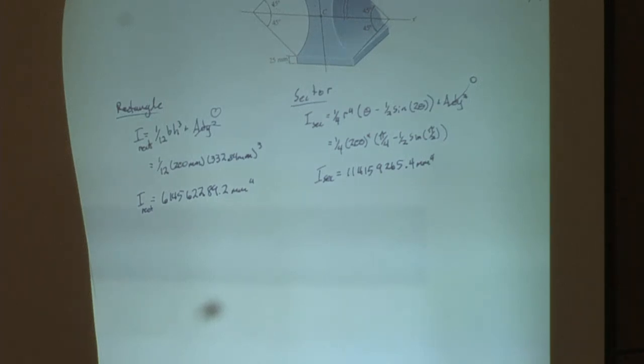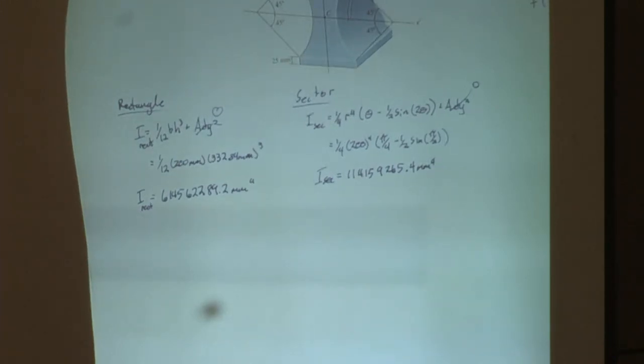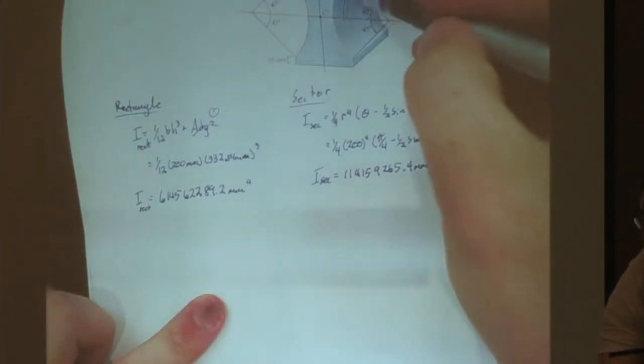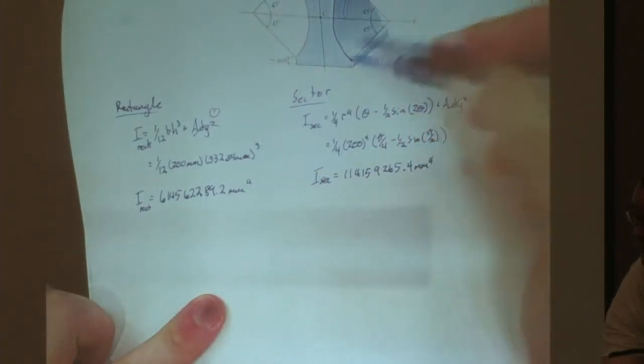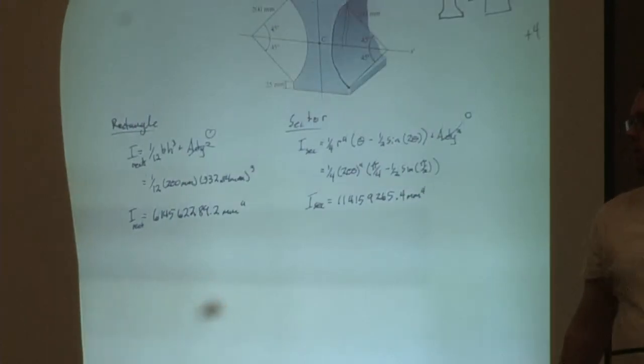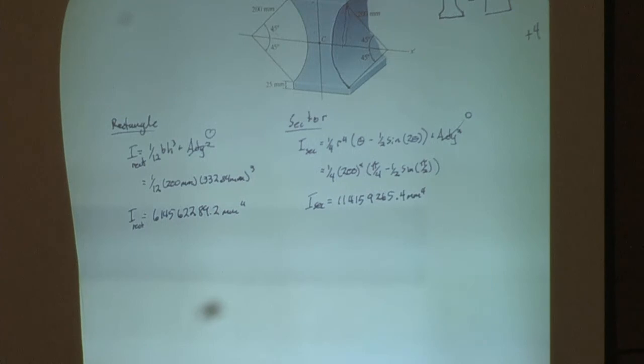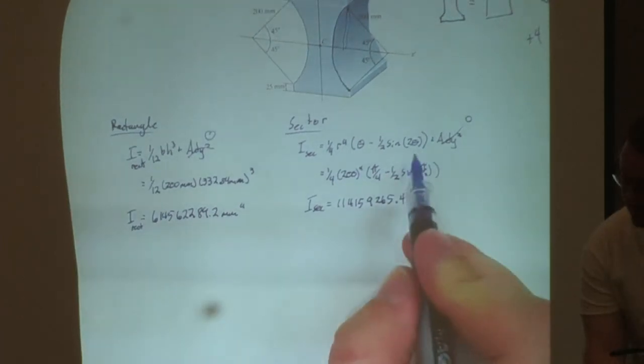For the moment of inertia for that sector, that's only one of those 45-degree sectors, right? Yeah, so we have to multiply by 4. Or, sorry, this is times by 2. Then why is the theta pi over 4? Isn't that 45 degrees? Remember 2 theta?